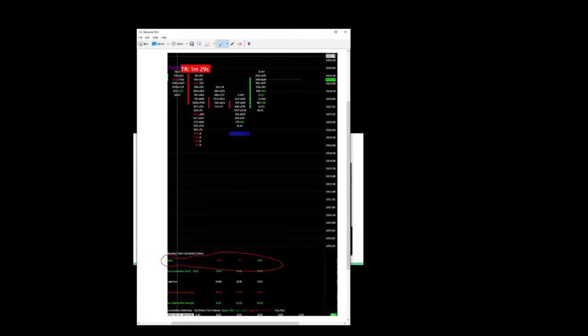This is also known as buyers providing liquidity. Normally when price decreases, that would mean that the majority of transactions are being held on the bid, aka it's a seller's market and buyers are being stopped out. However, in this example, the majority of transactions are being held on the ask. So this is only possible if there's a good amount of buyers providing liquidity at the higher prices.